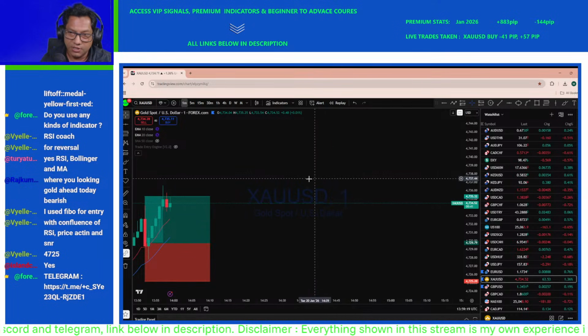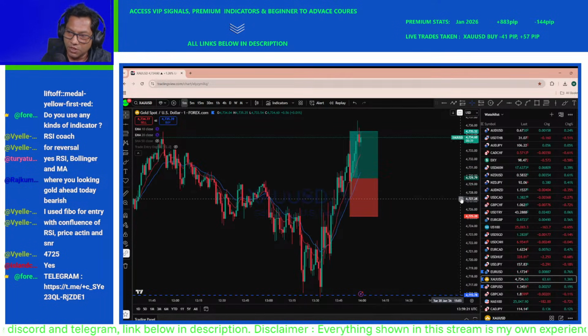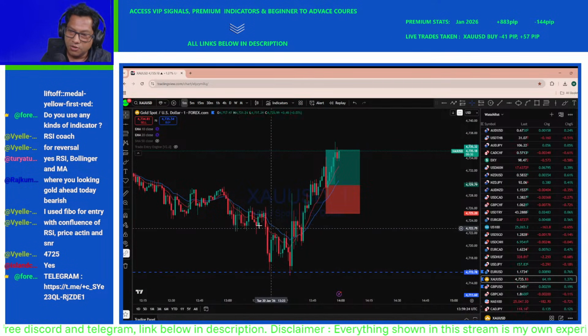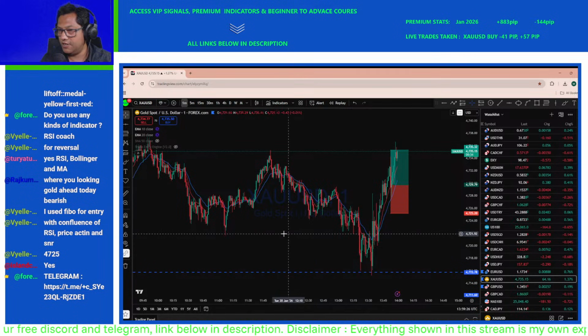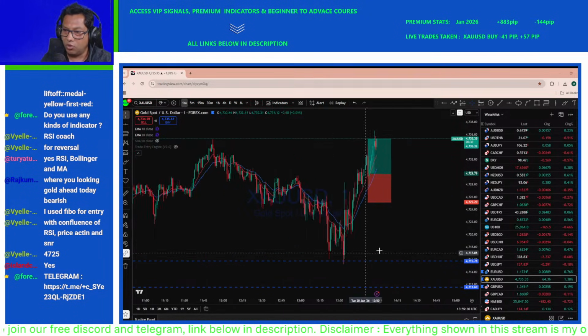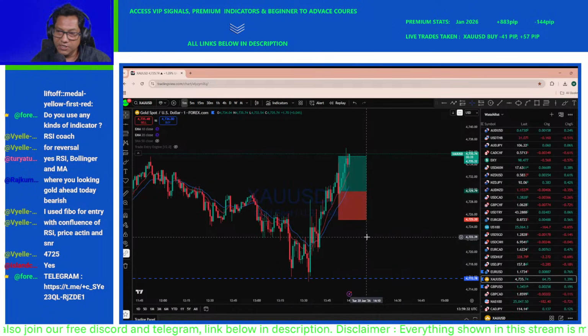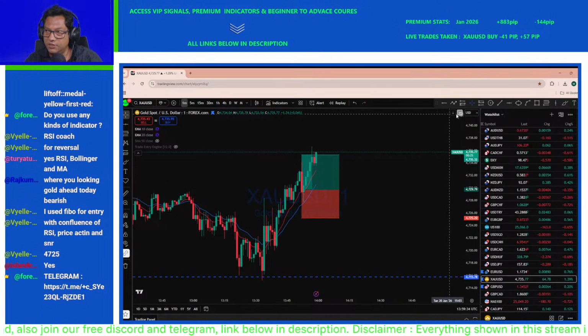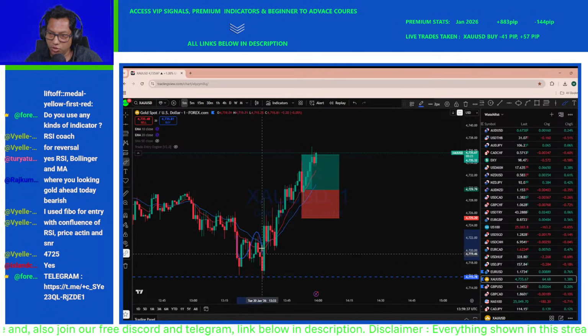Now the logic, the strategy: the first entry that we had here, what happened is it created a significant imbalance and the market crossed that low. But what we have seen is that in this area there is a very strong reversal.